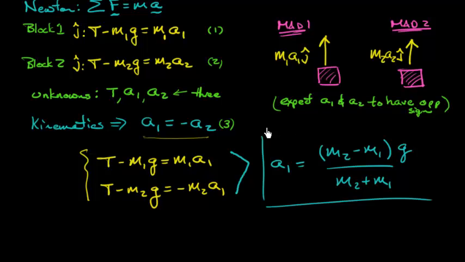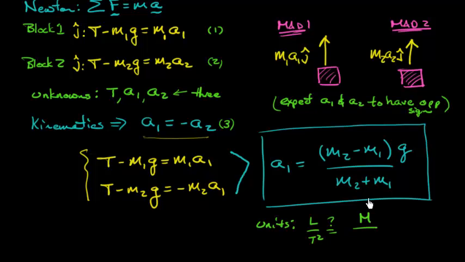Stick with it. This is an interesting result because it's rather profound. So let me put a box around it first. Actually, let me check the units, and then I'll tell you why it's interesting. So I got an acceleration here. Let's do the unit check. Acceleration is a length over time squared. And on the right-hand side, what do I have? Hopefully, mass 2 minus mass 1, that's a mass, divided by mass 2 plus mass 1, that's another mass.